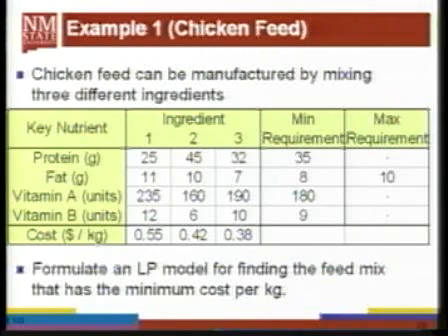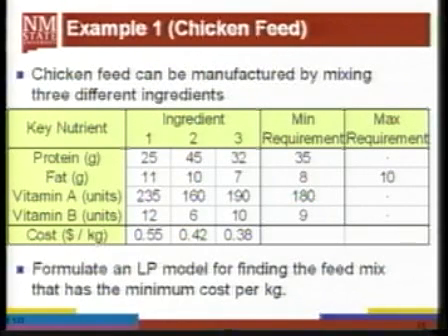Okay, then let's talk about LINDO and LINGO, which is an optimization solver package, with this small example problem. Let's call this the chicken feed problem. So in this example, a farm manufactures chicken feed by mixing 3 different ingredients.